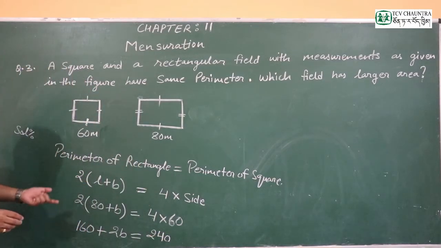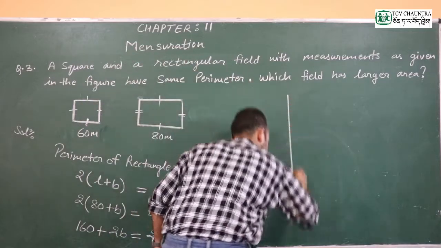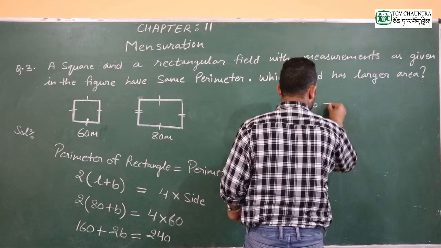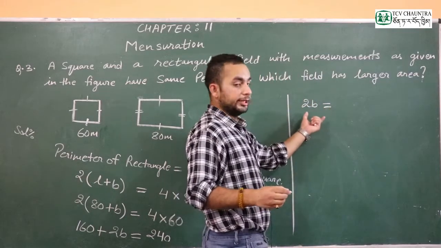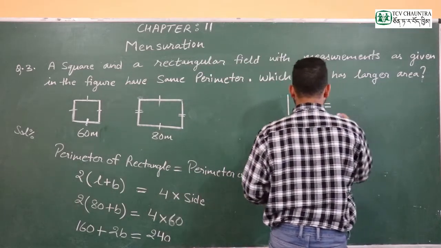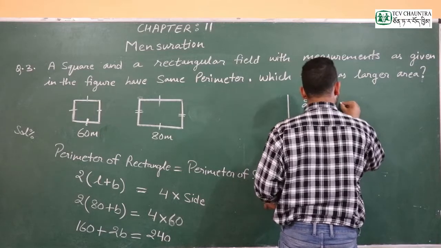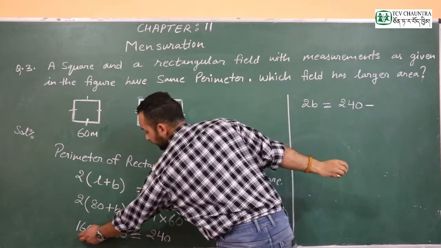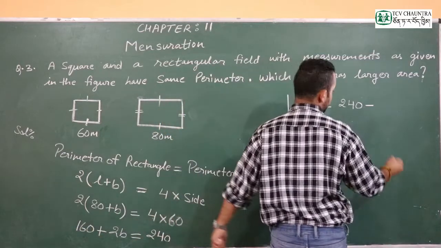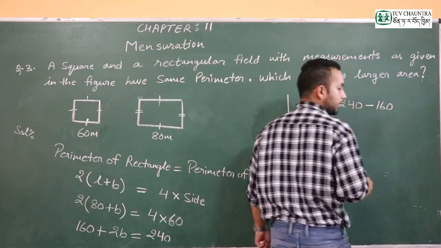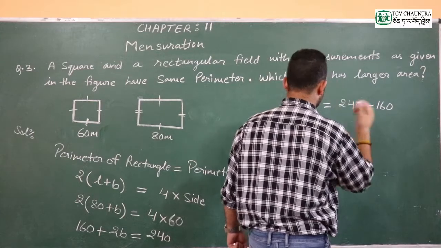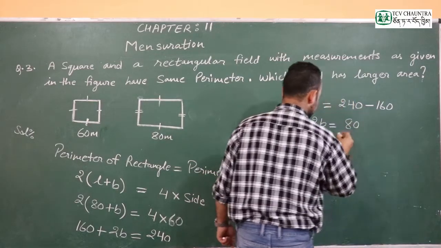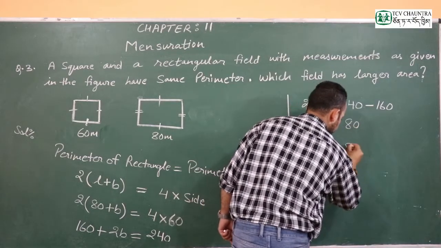Now, just like a linear equation word problem, keep the variable on the left-hand side and shift the constant to the right. So 240, and here it's positive 160. When you shift positive 160 from left to right, its operation changes, it becomes minus 160. So 2b equals 80.